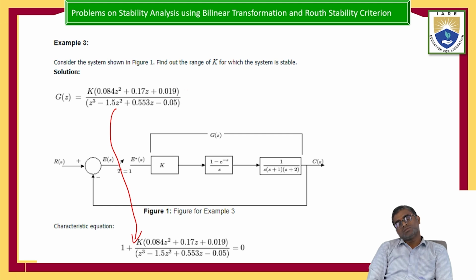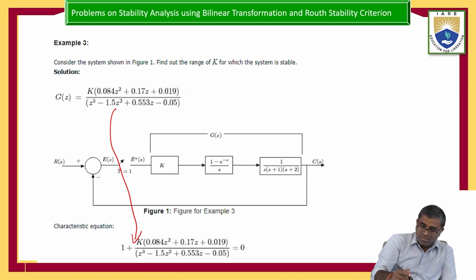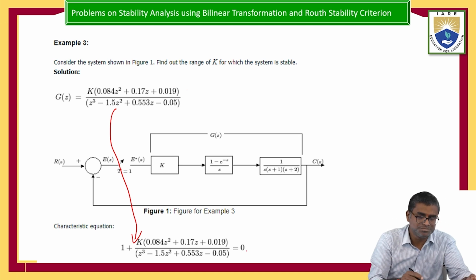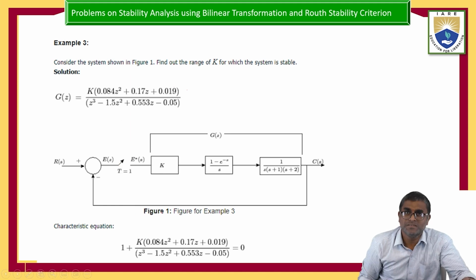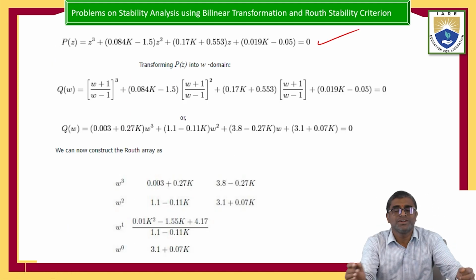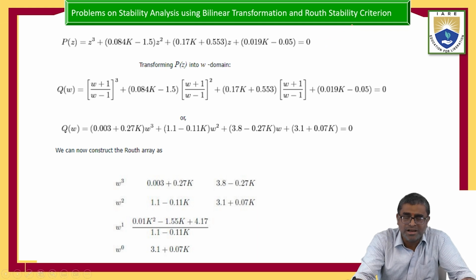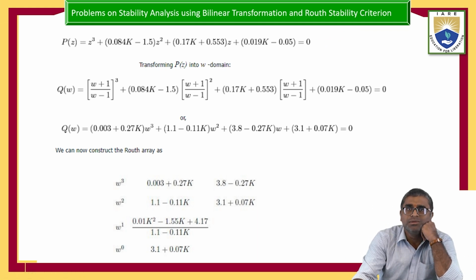We have to make it the transfer function of this characteristic equation. After solving this, we get the denominator part equal to 0. So that is P of Z equal to this part. After that, they say that the system is stable.